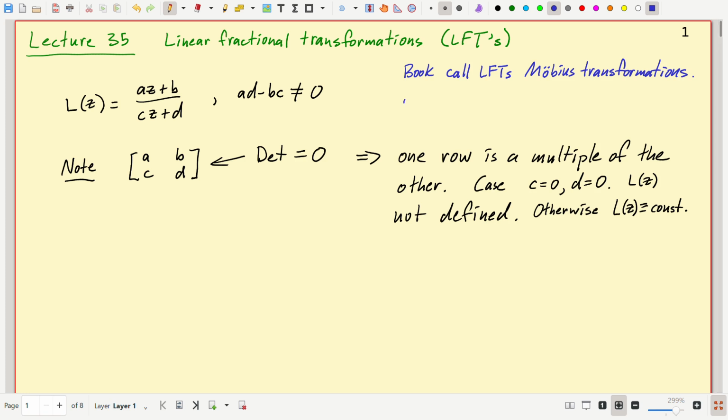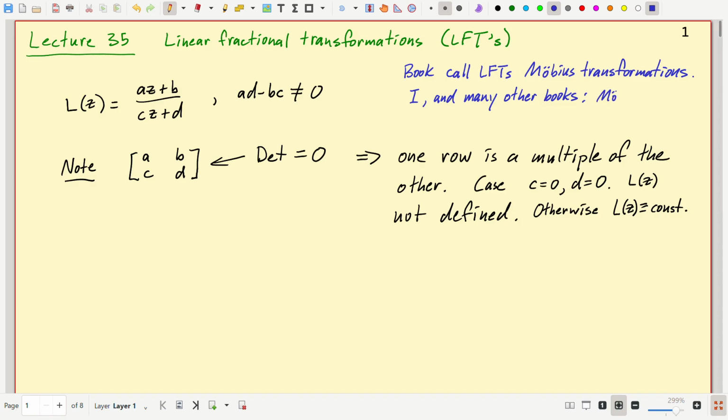I, and many other books, reserve the word Möbius transformation for special linear fractional transformations.